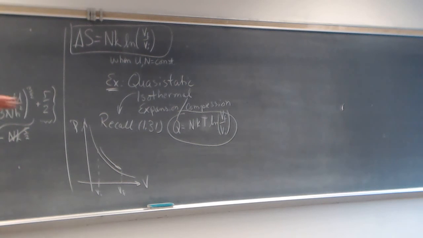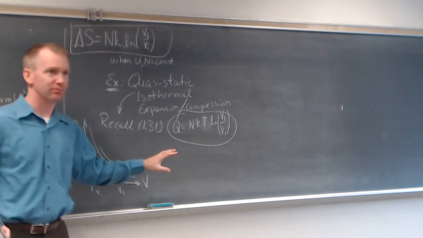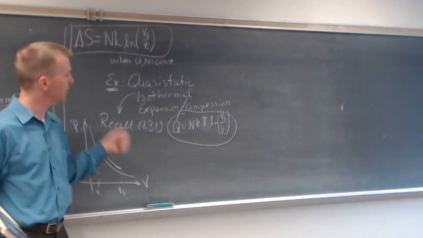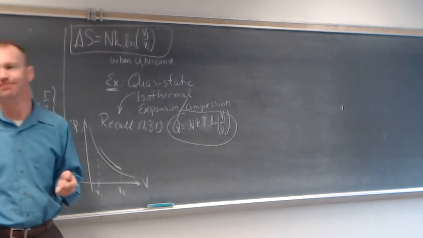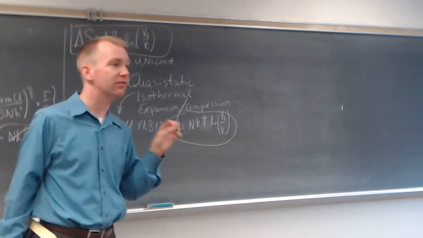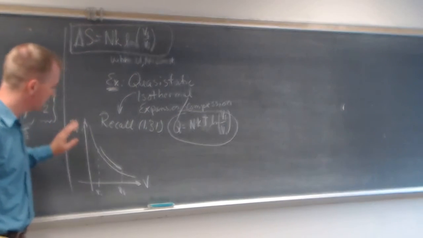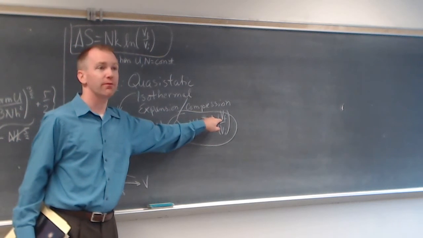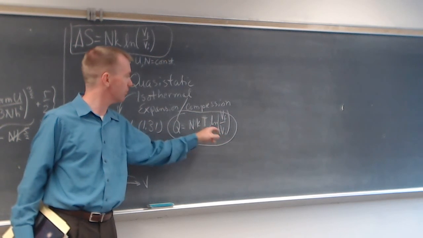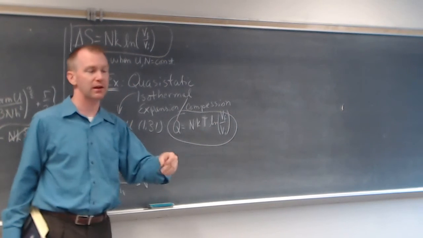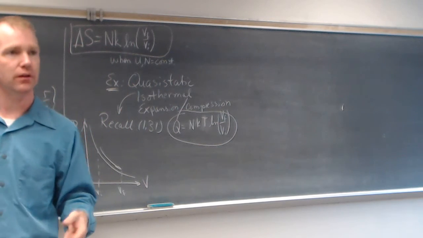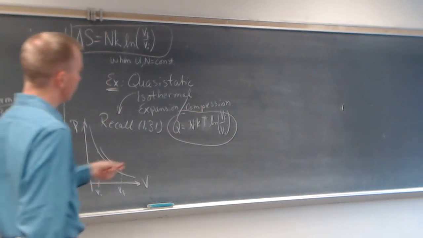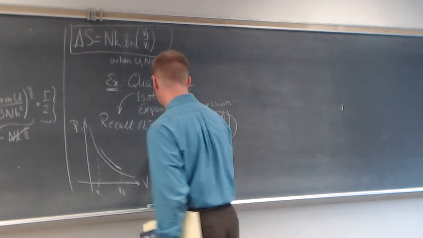So what we see is that if we're making a quasi-static isothermal expansion, so it's done slowly and smoothly, the final volume is greater than the initial volume, so you get the natural log of a number greater than 1. Natural log of a number greater than 1 is greater than 0, so there's a positive heat flow.